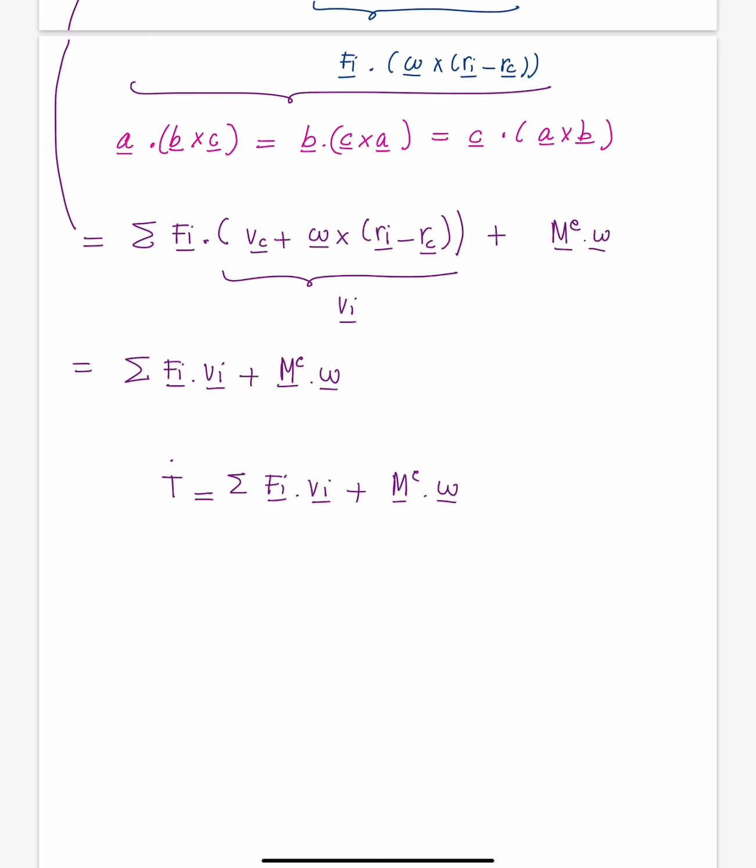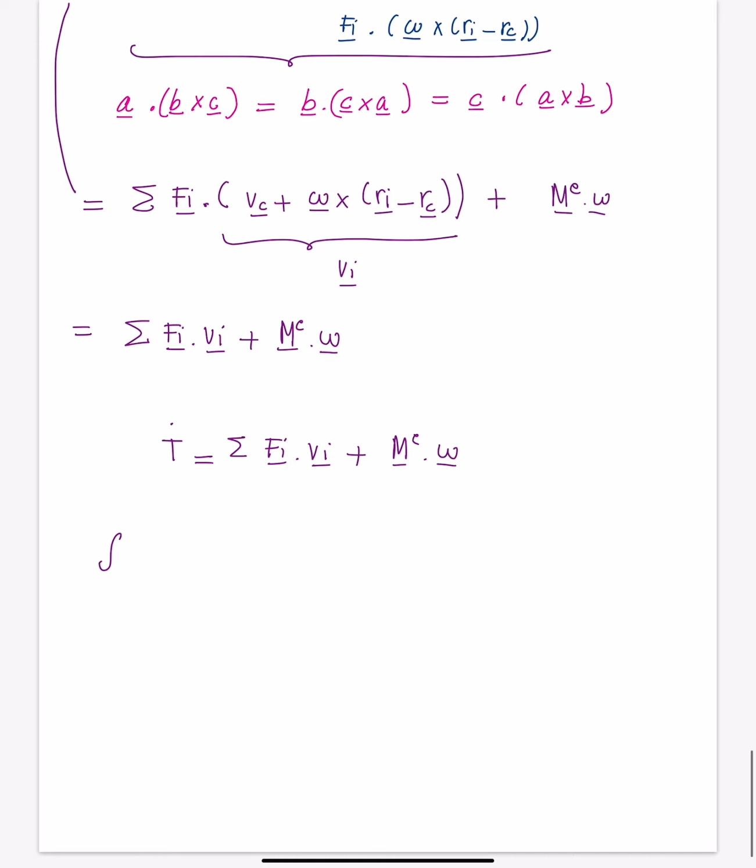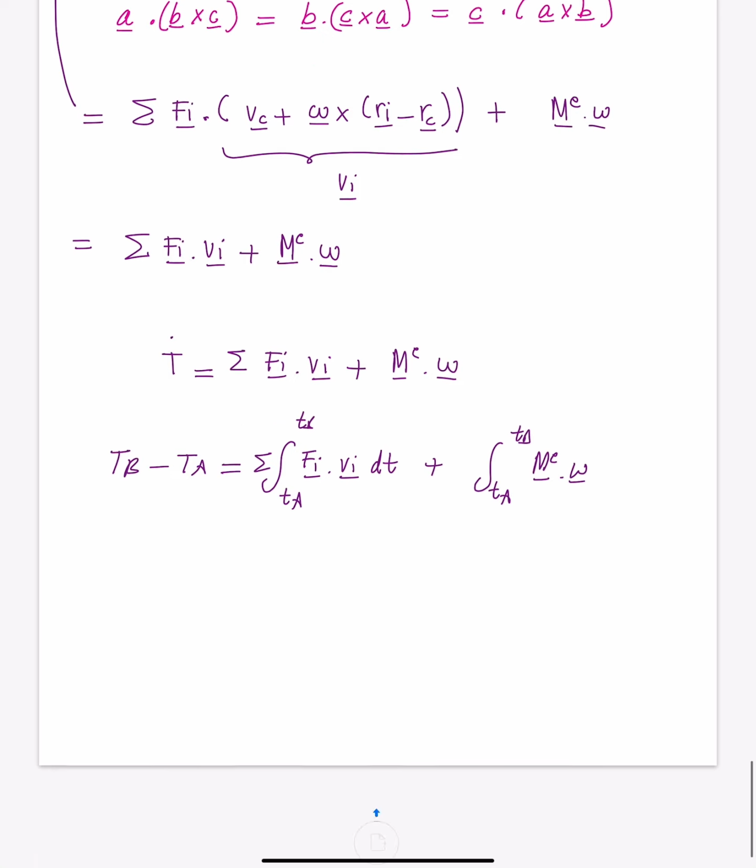And again, I can integrate this with respect to time to get that Tb minus Ta, the kinetic energies at time B and A, respectively, are equal to the sum of the integral of Fi dot Vi dt, Ta to Tb, plus the integral Ta to Tb of Me dot omega.